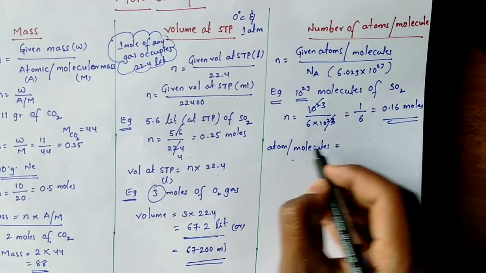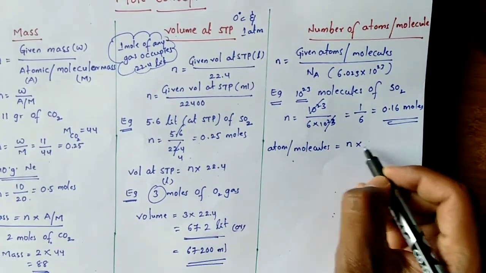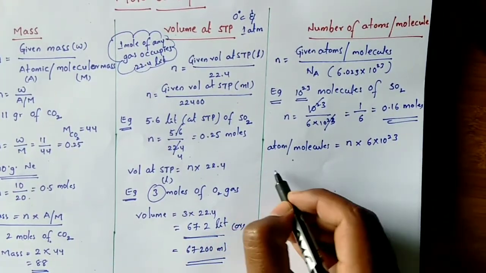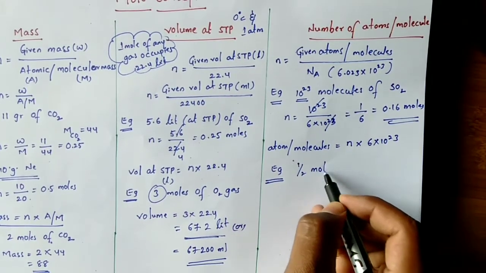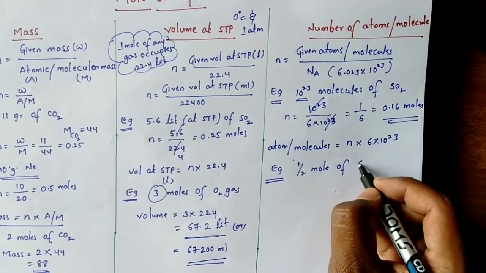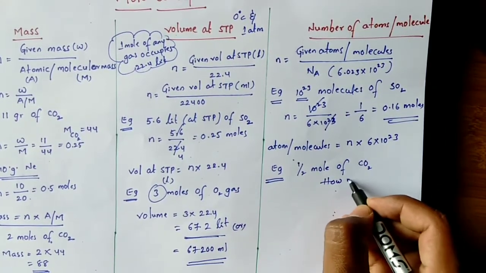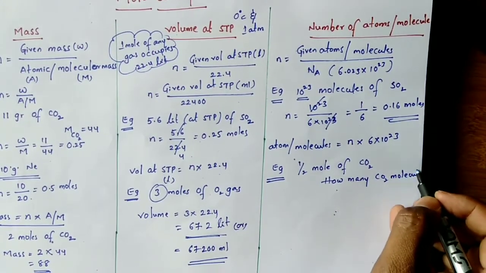Similarly, you can find the number of atoms or molecules if the number of moles is given. From this relation, number of atoms or molecules equals number of moles into 6 into 10 power 23. Here I am taking half mole of carbon dioxide. How many CO2 molecules are there?